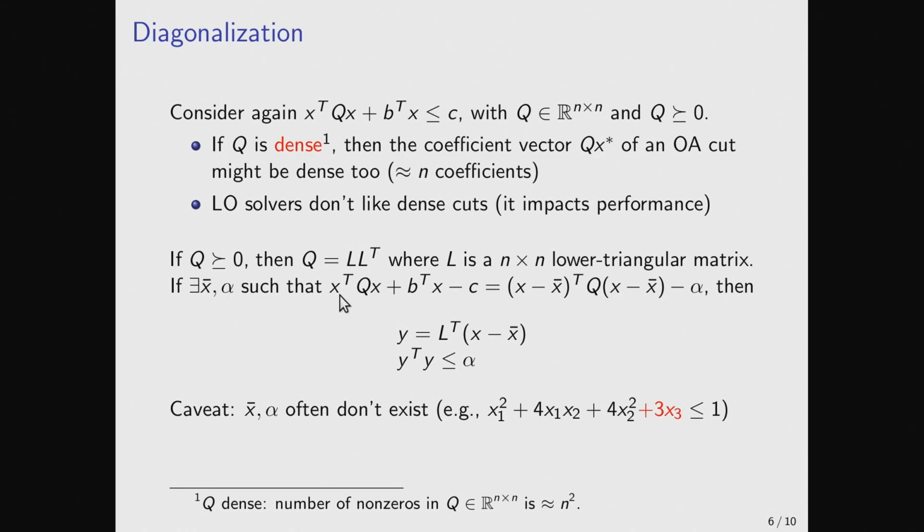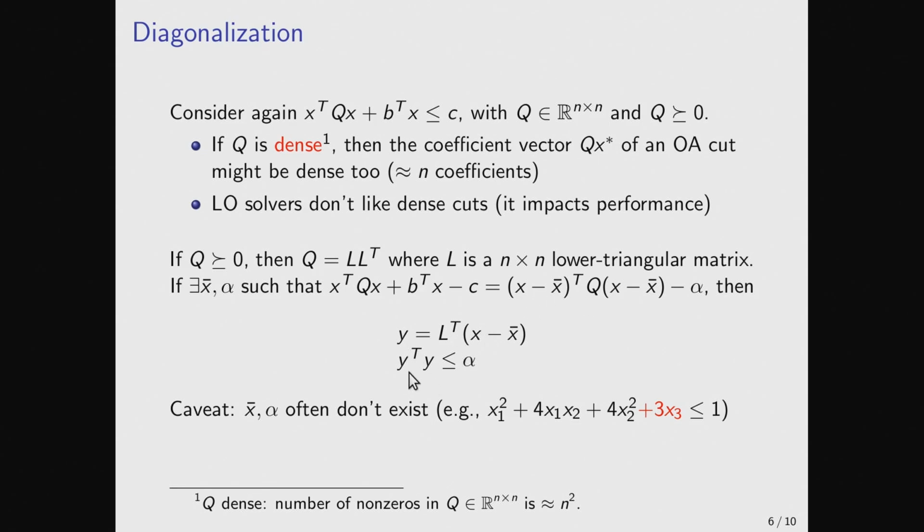So in principle, you can now rewrite the dense quadratic term, which has a lot of terms q_ij times x_i times x_j, by introducing new variables y, where y is simply equal to L transpose times (x minus x bar).